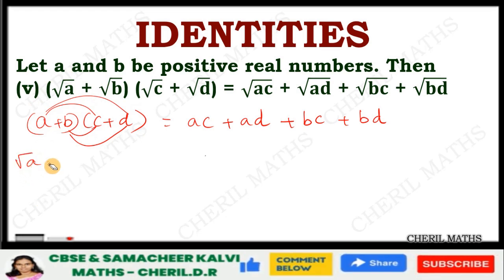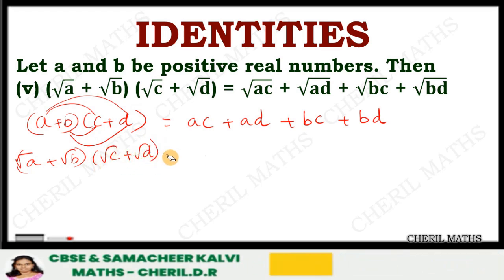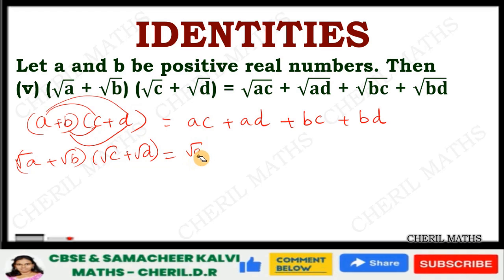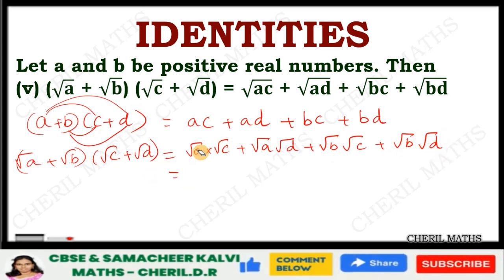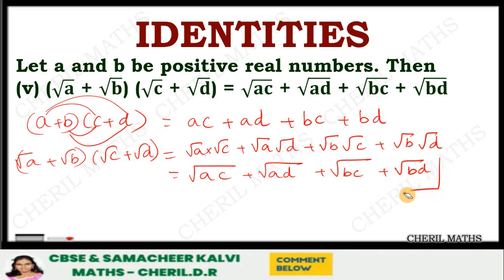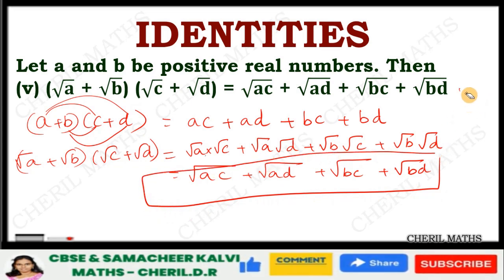So the square root of a into the square root of c, plus the square root of a into the square root of d, plus the square root of b into the square root of c, plus the square root of b into the square root of d. You can put each product under the same square root. So root ac plus root ad plus root bc plus root bd. Is it clear, children? Have you got the same thing? Yes. It is very simple.